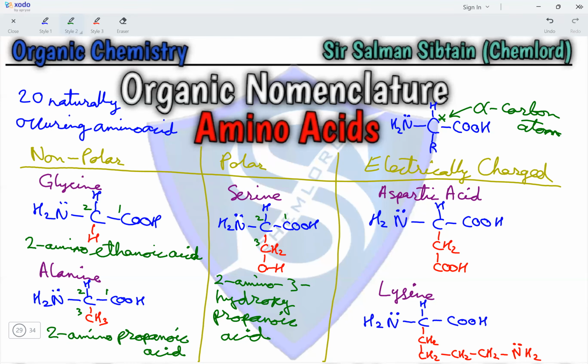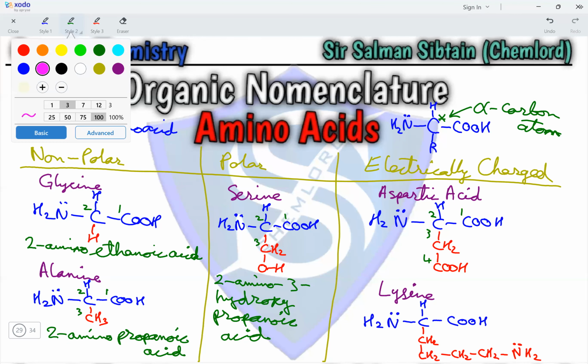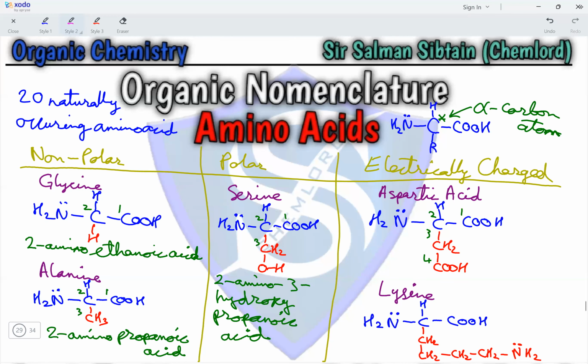Next, we've got aspartic acid. Aspartic acid has, if we start from this end, 1, 2, 3, and 4 carbon atoms. And if we start from the other carbon atom, we will also have 1, 2, 3, and 4. So now the preference would be given to the carbon atom in blue as being the first carbon because the substituent group has the least number given to it.